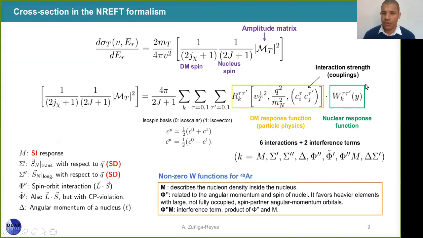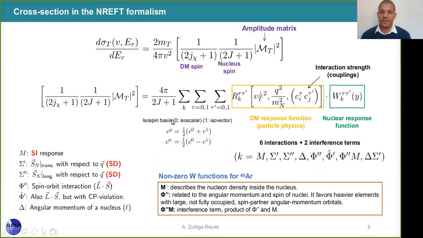However, the W function considers the nuclear response. This linear combination is presented here in terms of an isospin basis, where 0 means isoscalar and 1 means isovector. And the combination of the isovector coupling constant and isoscalar produce the coupling constants to protons and neutrons.